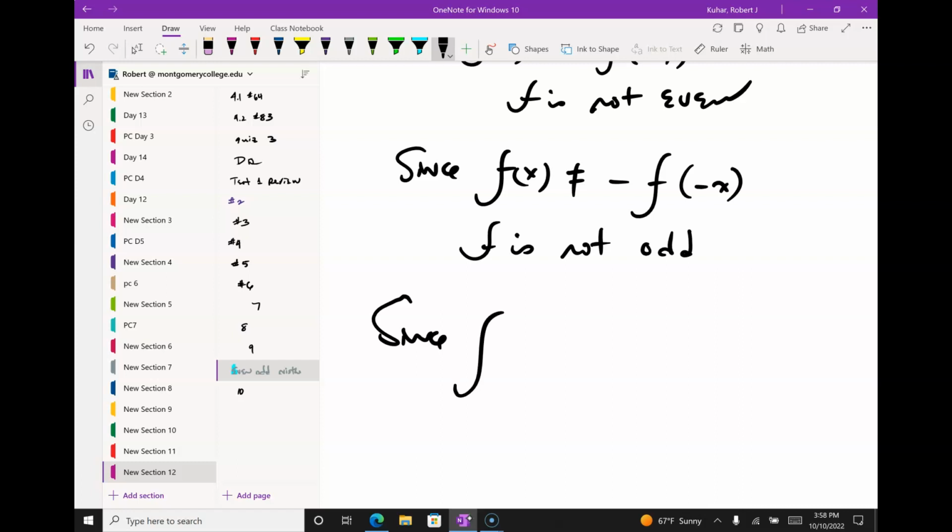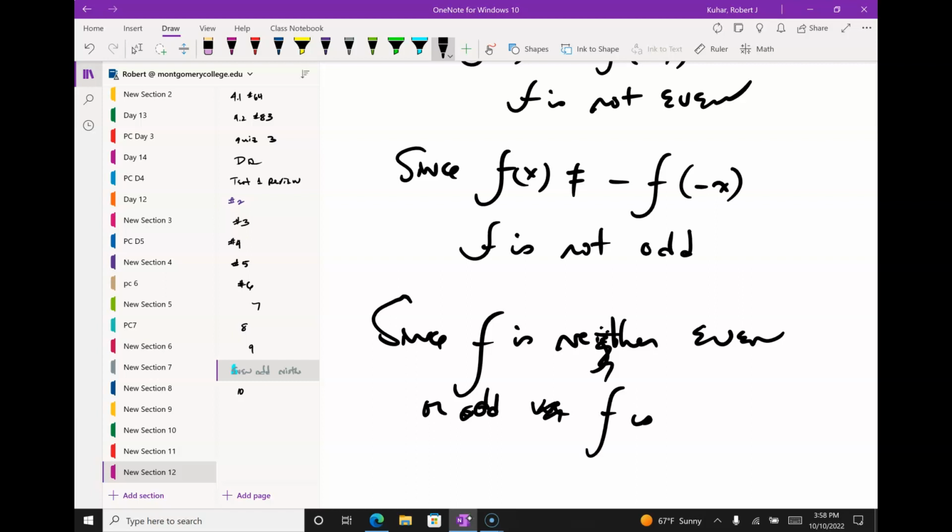Since f is neither even or odd, it's neither. Stupid English, right?